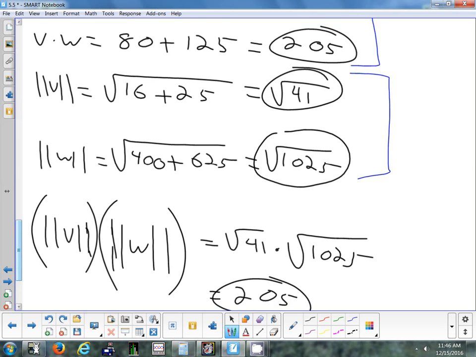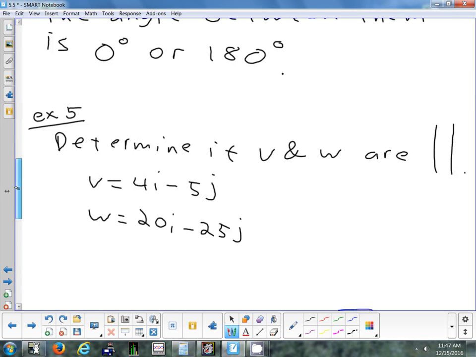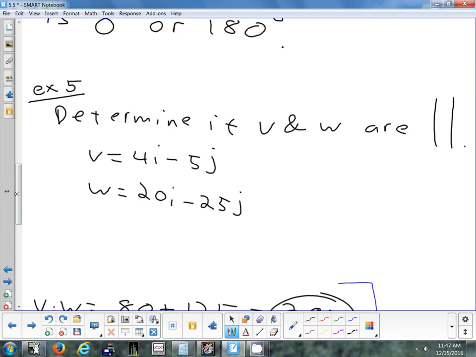These vectors are parallel. You have the same value in the top and in the bottom of the formula. So the question, determine if these vectors are parallel. Yes, they are parallel. Okay, any questions on that?